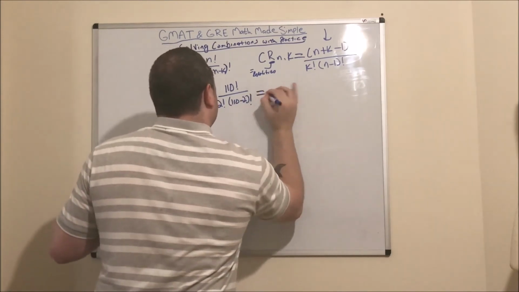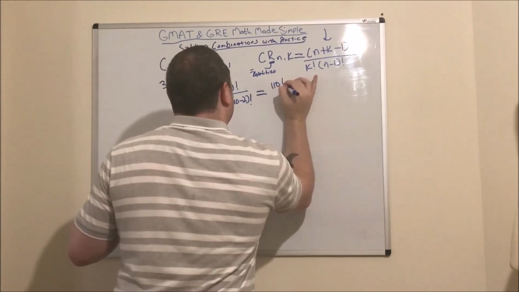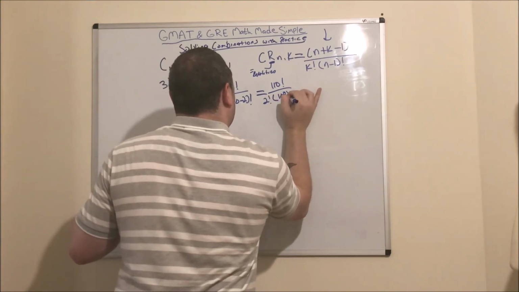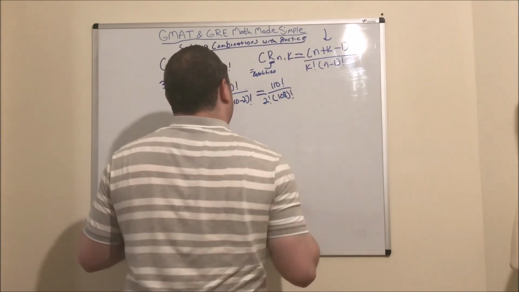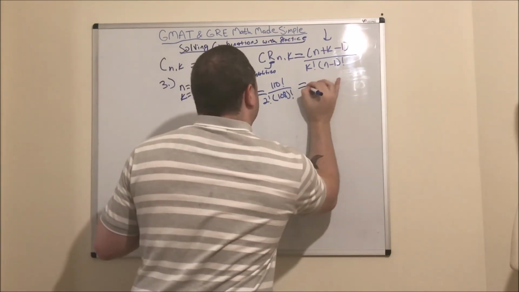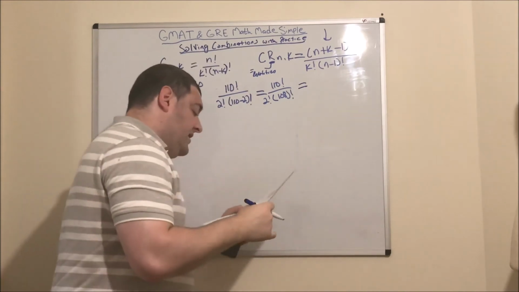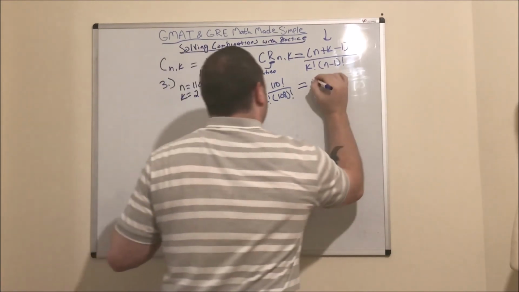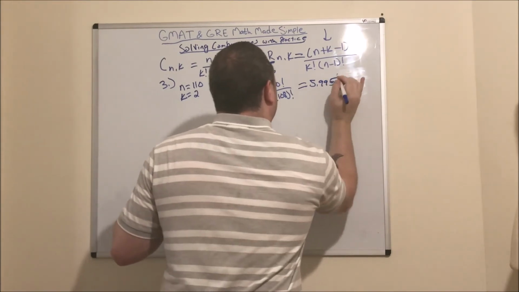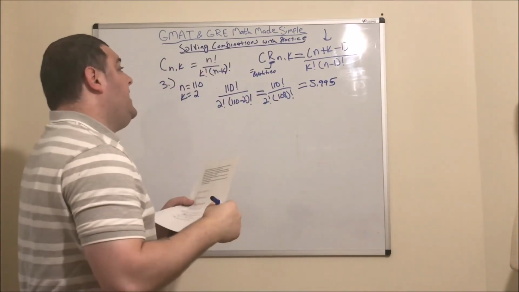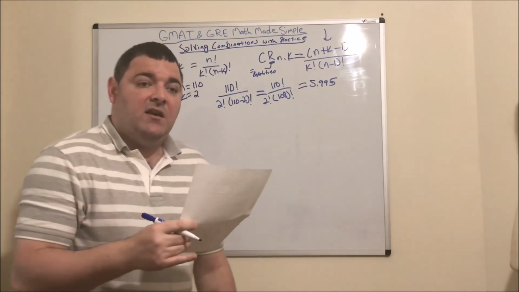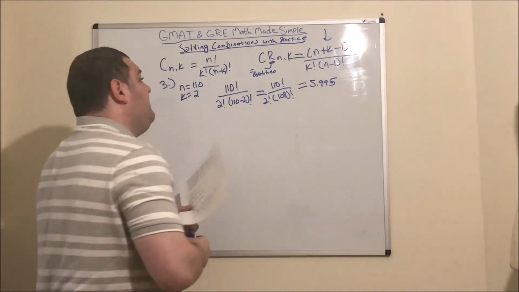That gives us 110 factorial over 2 factorial times 108 factorial. This is a lot of numbers, but in the end the answer will be 5,995. So that's how many handshakes there are in total when everyone shakes everyone's hands.